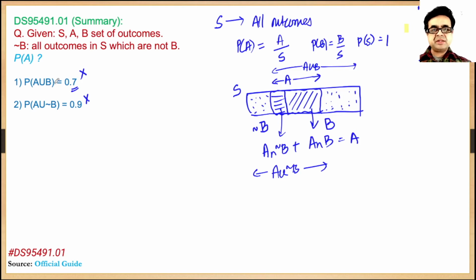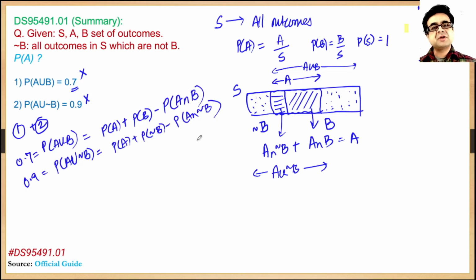However, when we combine the statements, so 1 plus 2, before I combine them, let me write down the formula for A union B and A union tilde B. Okay, so P(A union B), which is equal to 0.7, equals P(A) plus P(B) minus P(A intersection B). Similarly, 0.9, which is P(A union tilde B) from statement 2, equals P(A) plus P(tilde B) minus P(A intersection tilde B).